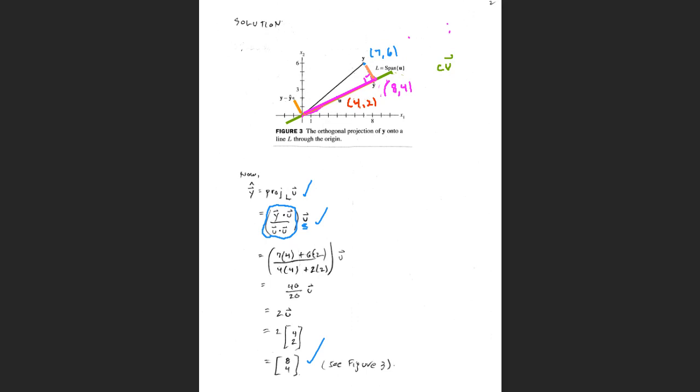So if you look at this vector here, what do the components of that vector appear to be?